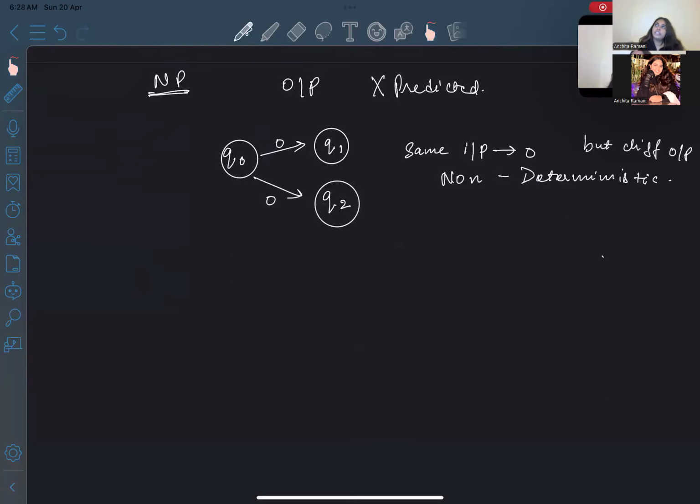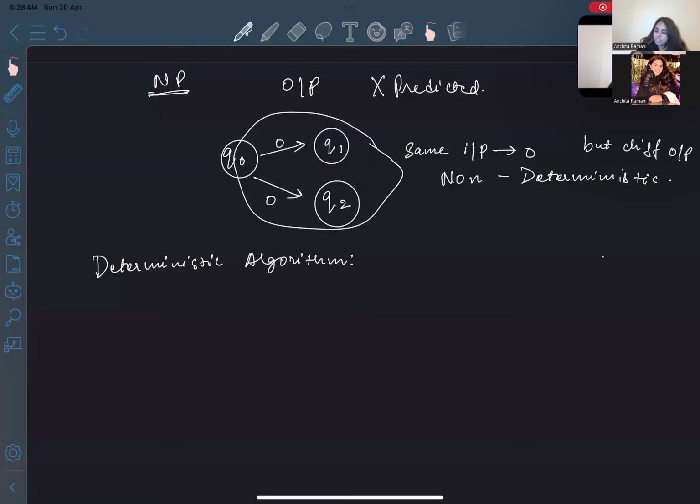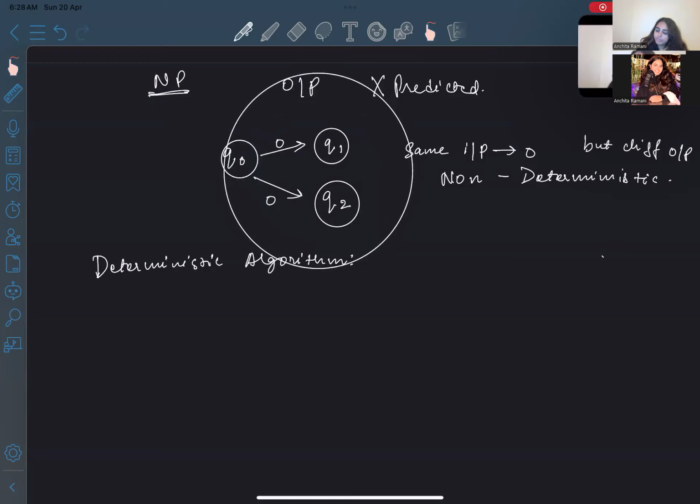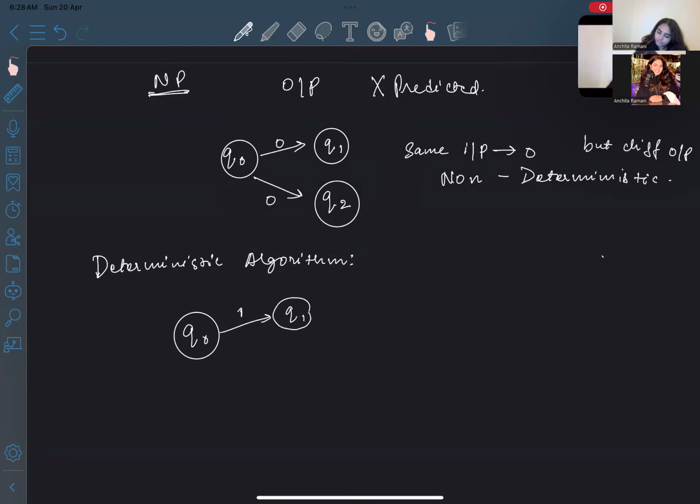Now let's move ahead to a deterministic algorithm. In a deterministic algorithm, it's very clearly the opposite of this. Let's say you have some initial state Q naught and you feed an input 1, you get output Q1.